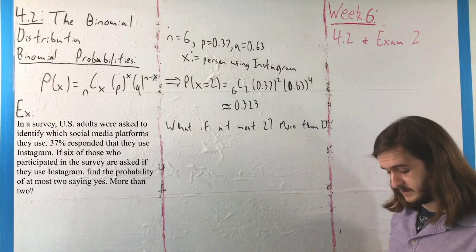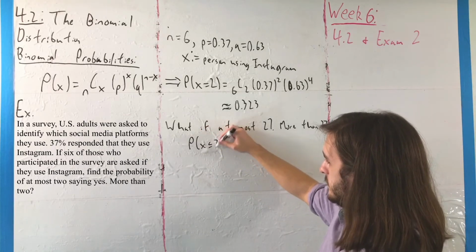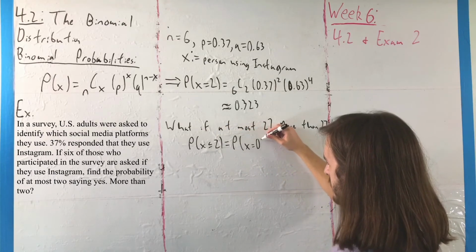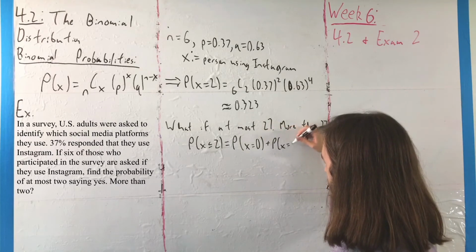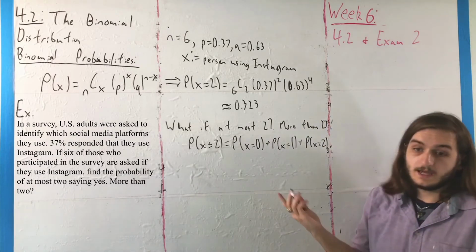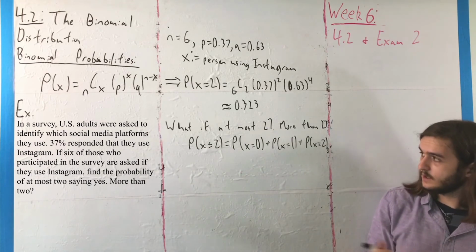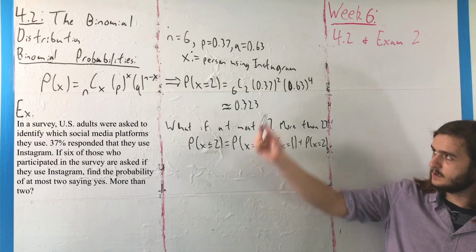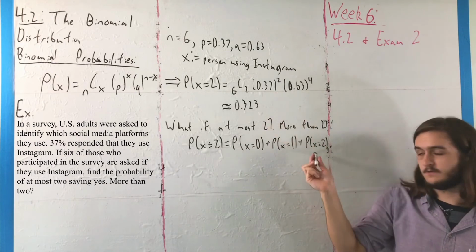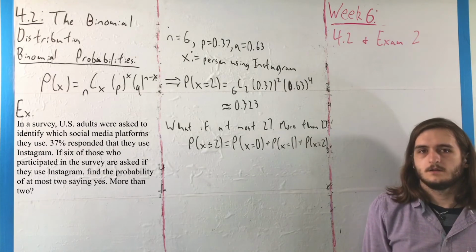Well, we would have to understand here that if we're looking for the probability of at most 2, that means we need the probability of none, or the probability of 1, or the probability of 2 using the addition rule, where thankfully these are disjoint events because these are all discrete pieces, but even so, that means we gotta do something in that flavor for this, something in that flavor for this, and something in that flavor for that, which we've already done, but still, 3 pieces, and 3 is a lot.